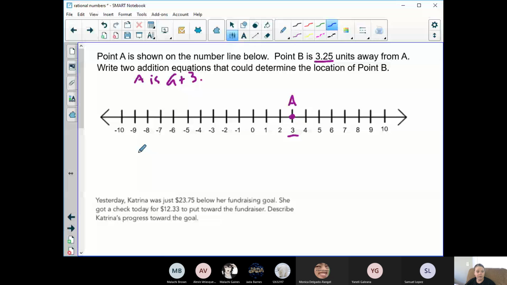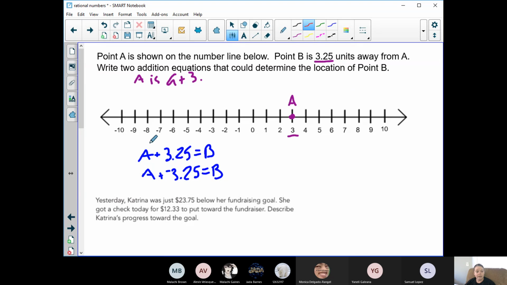So we know point A, we're going to do A plus 3.25 equals B. And also A plus negative 3.25 equals B. Because again, we don't know if it is going to be a positive change or a negative change in direction based on what we are given.